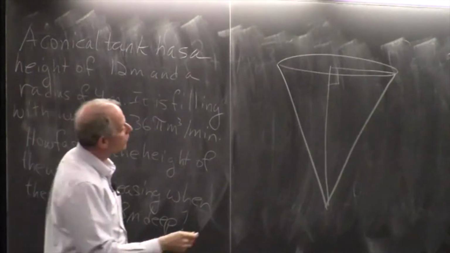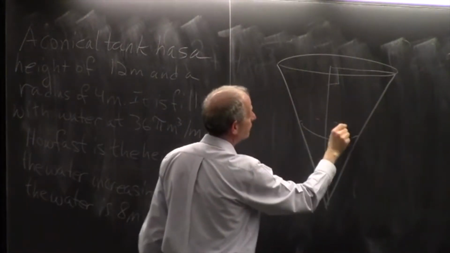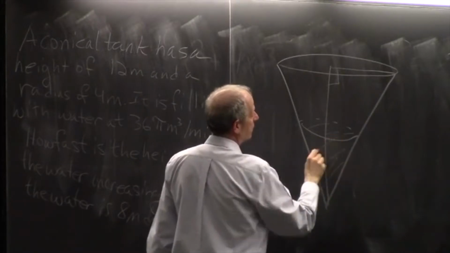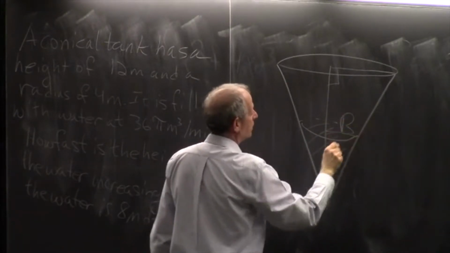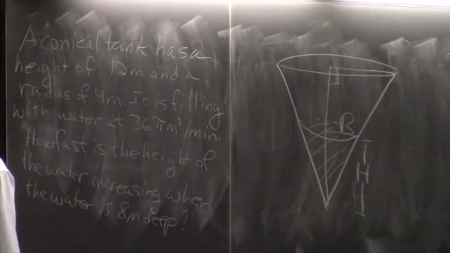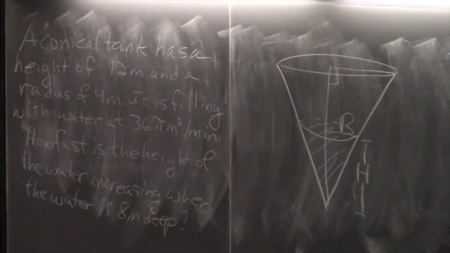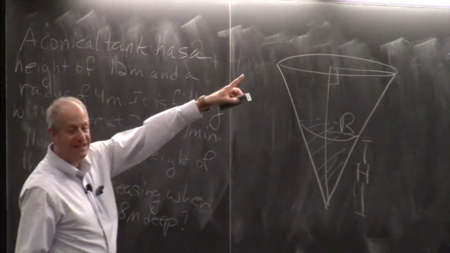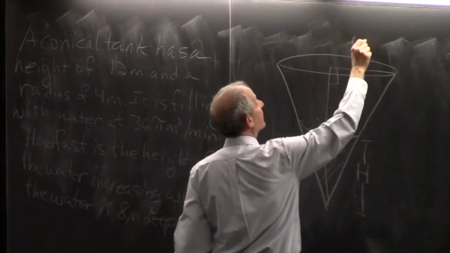So when this fills with water, however much water is in the tank, the ratio of the radius of the water to the height of the water will be the same as the ratio of the radius of the tank to the height of the tank.